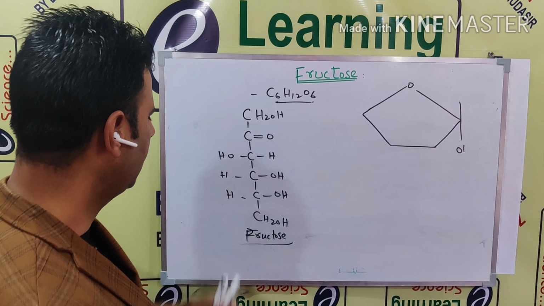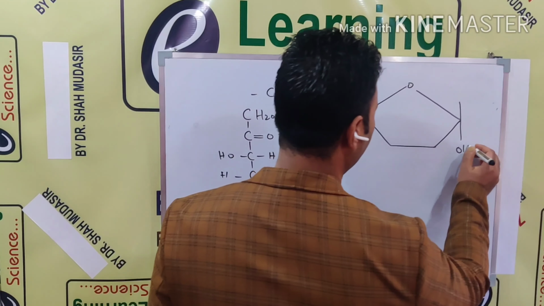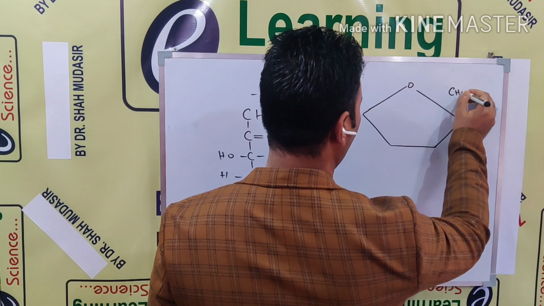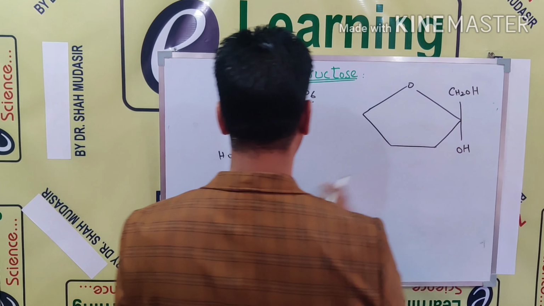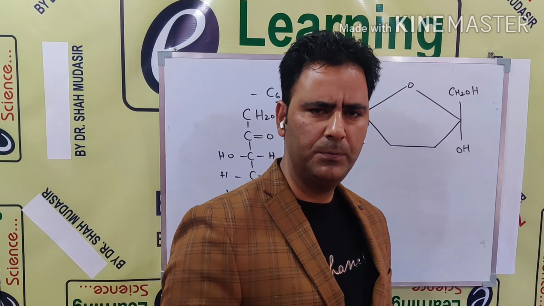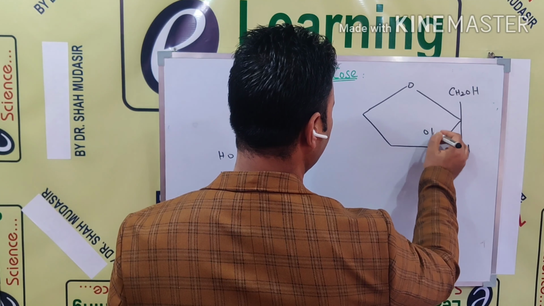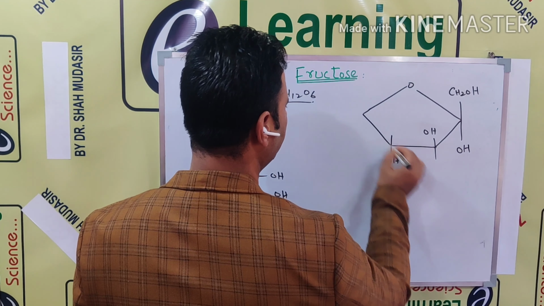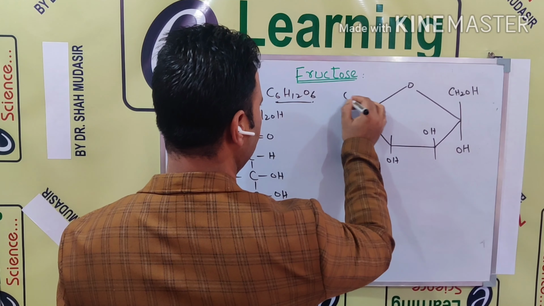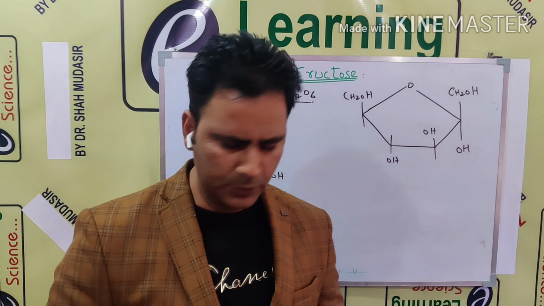Now, this is stable in the furanosic form, and the furanosic ring is just like this. I have already discussed how to put the open chain structure of fructose into a furanosic ring in my previous video tutorials. Here it is OH, OH, and CH2OH here. So this way I can put the fructose here.